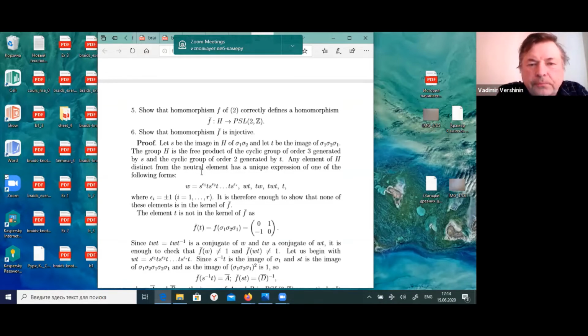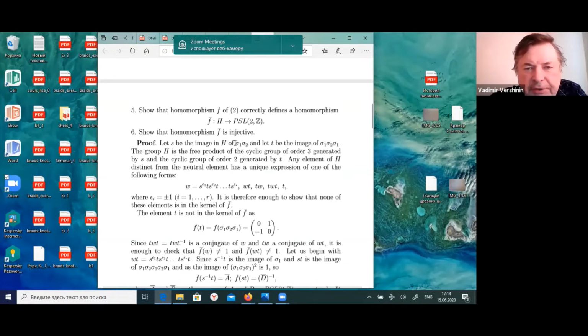So how to prove it, because the proof that we considered last lecture was not sufficiently good. So let us consider what an element of this group may be.